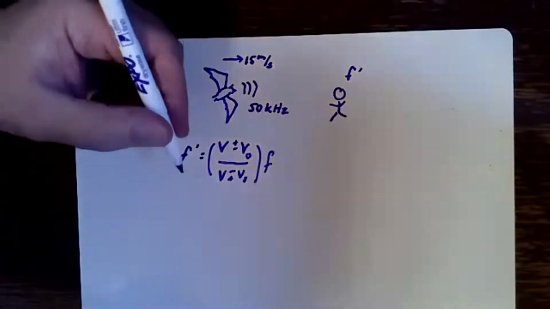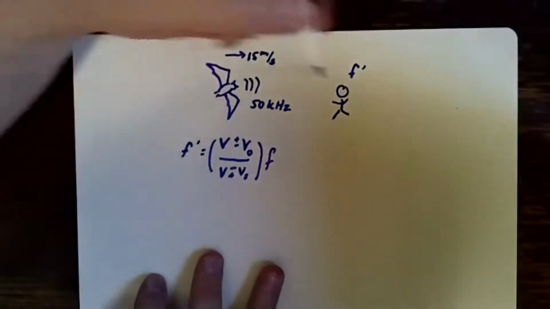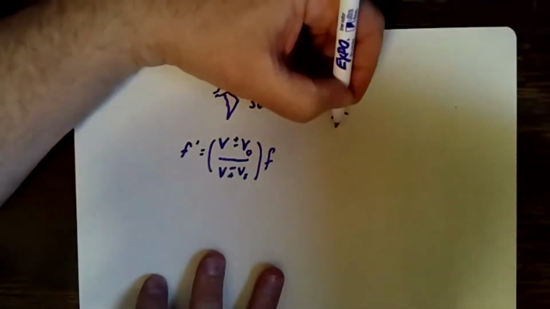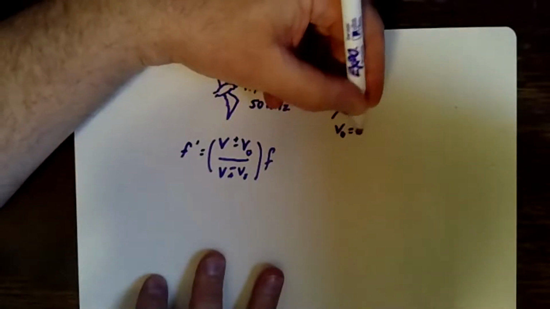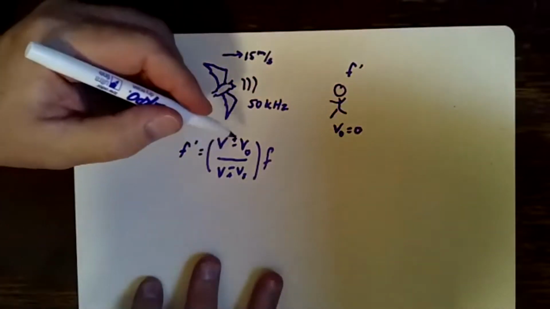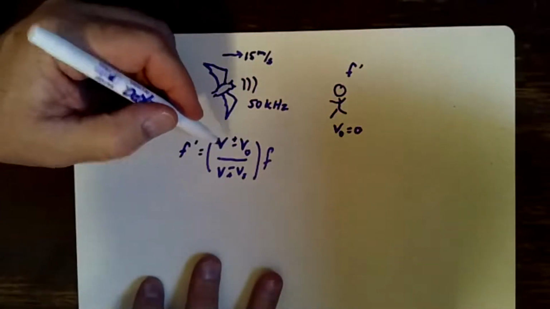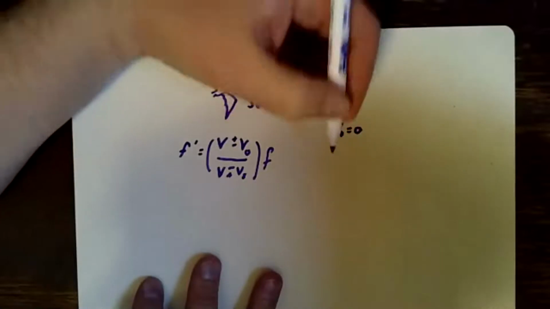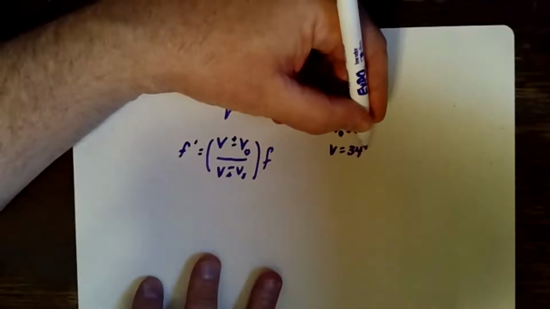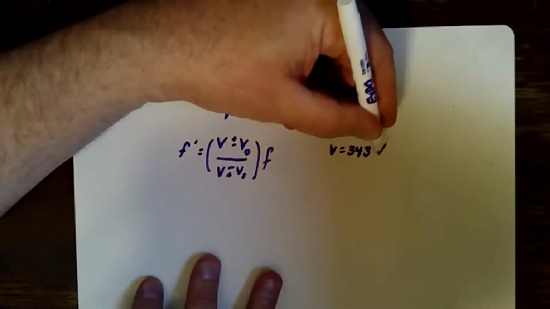So we need to make some choices. The observer is not moving, so VO equals 0. And the speed of sound that we're talking about is the speed of sound in air, so that's 343 meters per second at standard temperature and pressure.